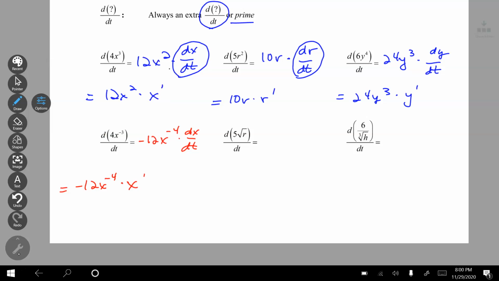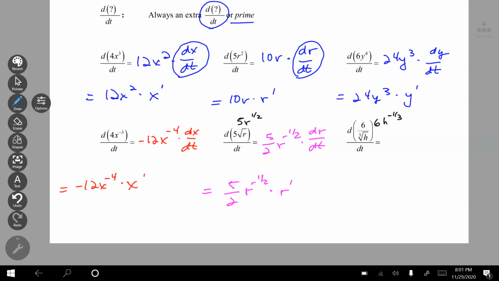Now these I should rewrite. I should rewrite this as 5r to the 1/2, and this one I should write as 6h to the negative 1/3 power. So I'm going to take its derivative. This one would be 5 over 2 r to the negative 1/2 times dr/dt, or 5 over 2 r to the negative 1/2 times r prime.